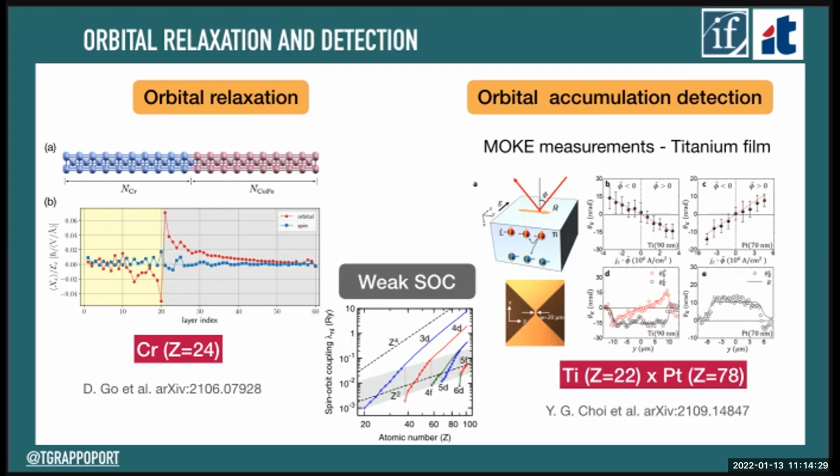And they compare this with the spin accumulation of a much heavier material like platinum. And they see there is a sizable accumulation in titanium, and they argue, and they have other measurements to say, that this is coming from the orbital Hall effect.